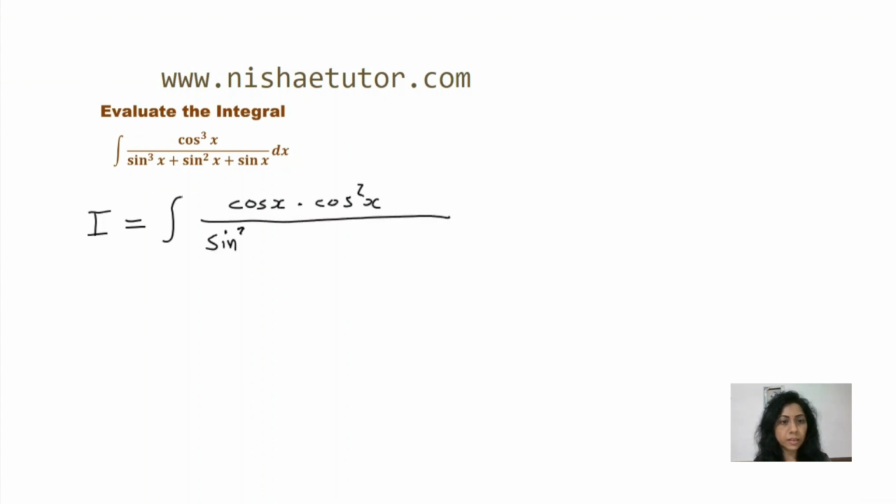The denominator we write as it is, sine cube x plus sine square x plus sine x dx, and cos square x we can write as 1 minus sine square x.